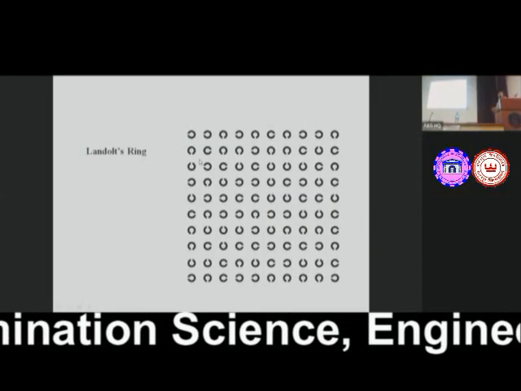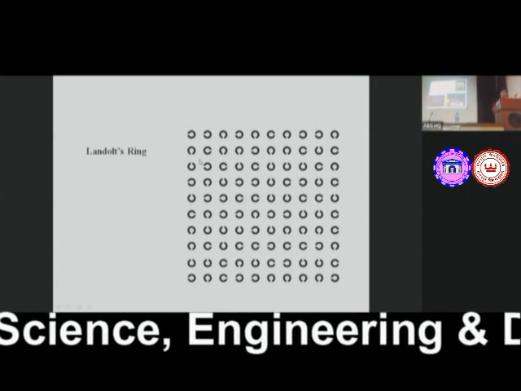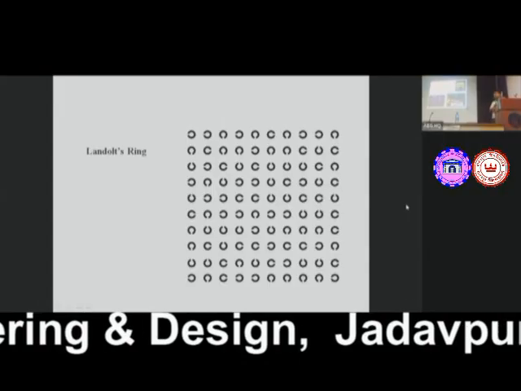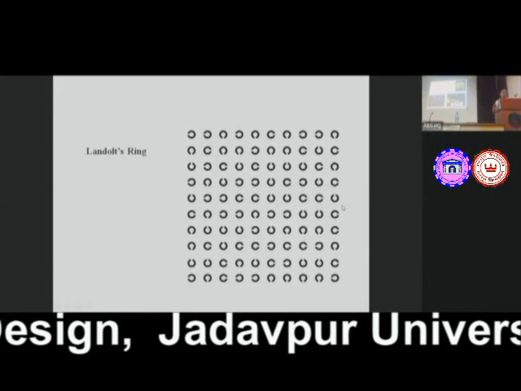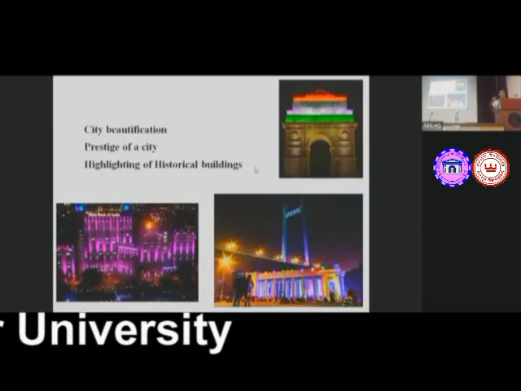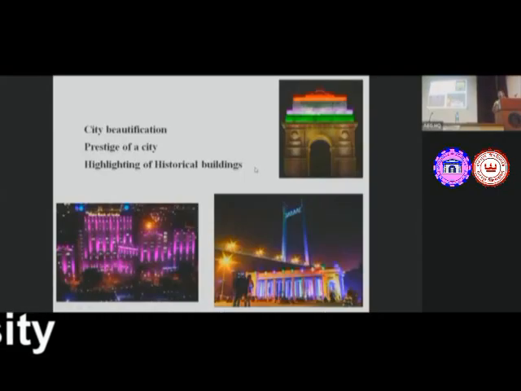Okay, if I go over to the outdoor lighting, these are all facade lighting. When we illuminate the face of a building or face of a specific structure, that is the facade lighting. In this case, the lighting is used for city beautification, that sometimes creates a prestige of a city.